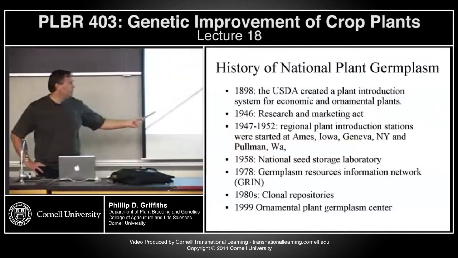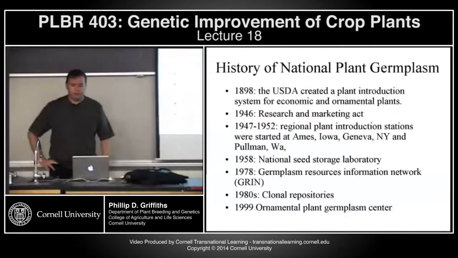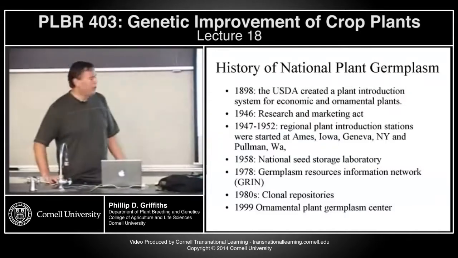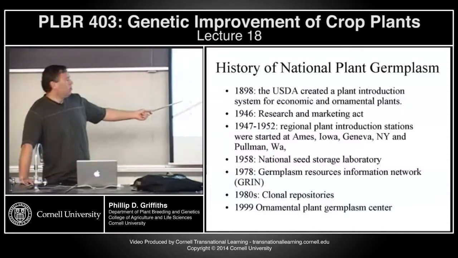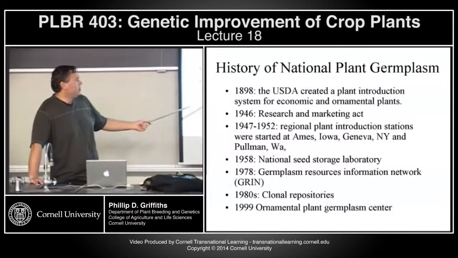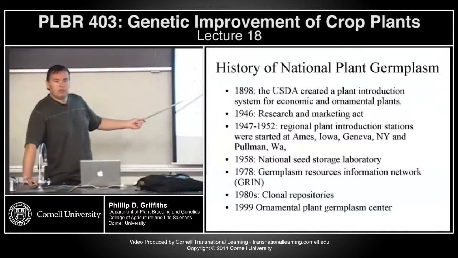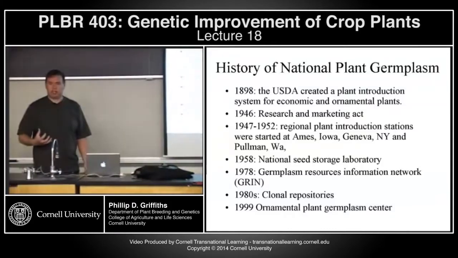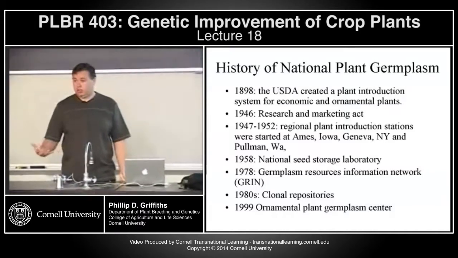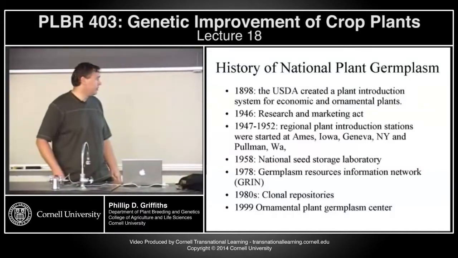In '58, the National Seed Storage Lab was opened down in Fort Collins in Colorado, and then the database for all of this material, or the GRIN base, was set up in 1978 to document all of the collection material and all the information that had been collected on those materials.